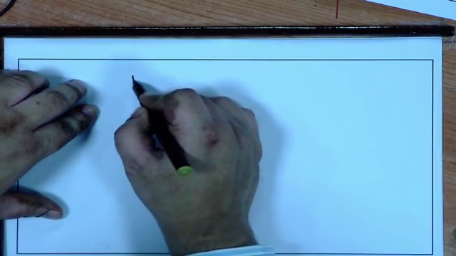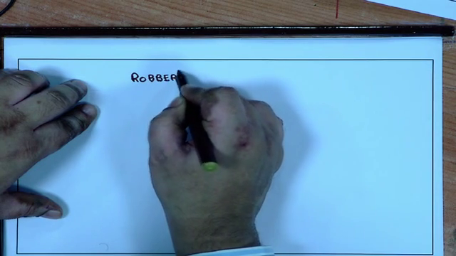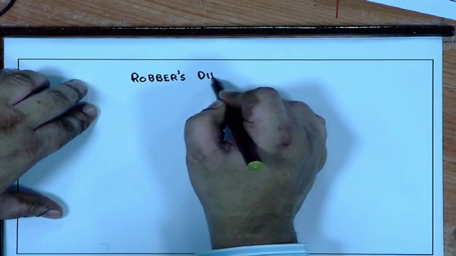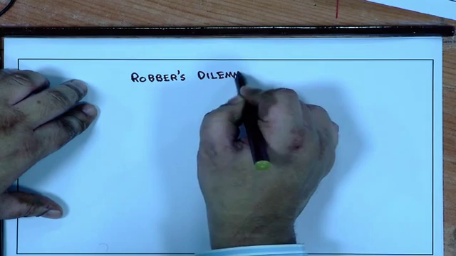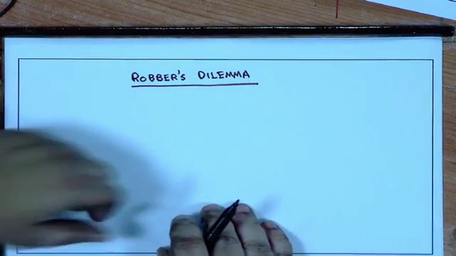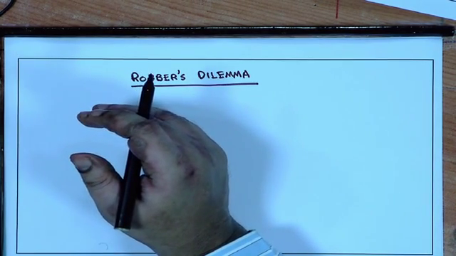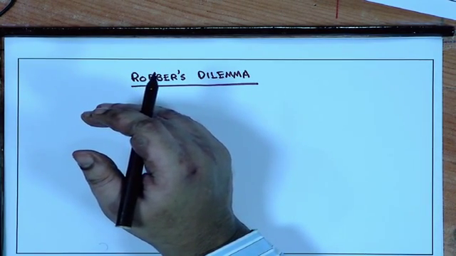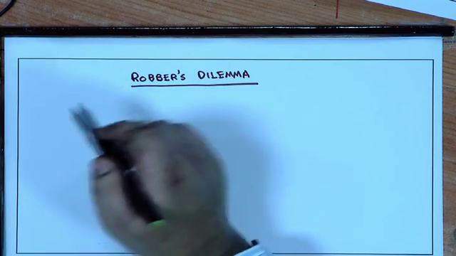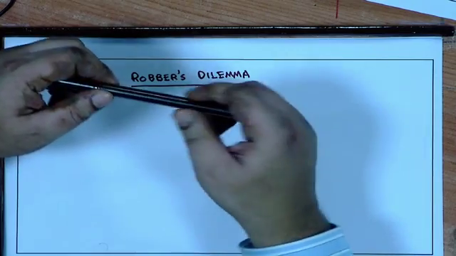So, we are now trying to define, so in this problem a thief has now entered a museum.